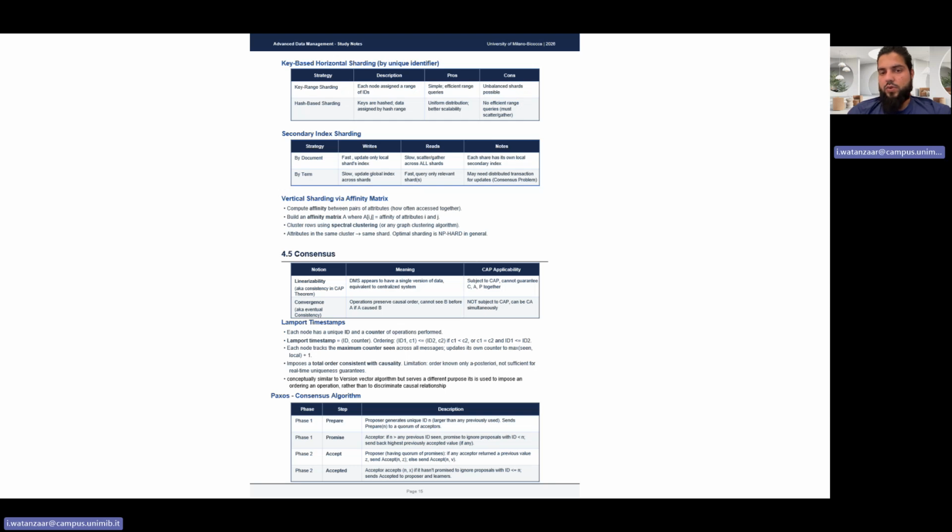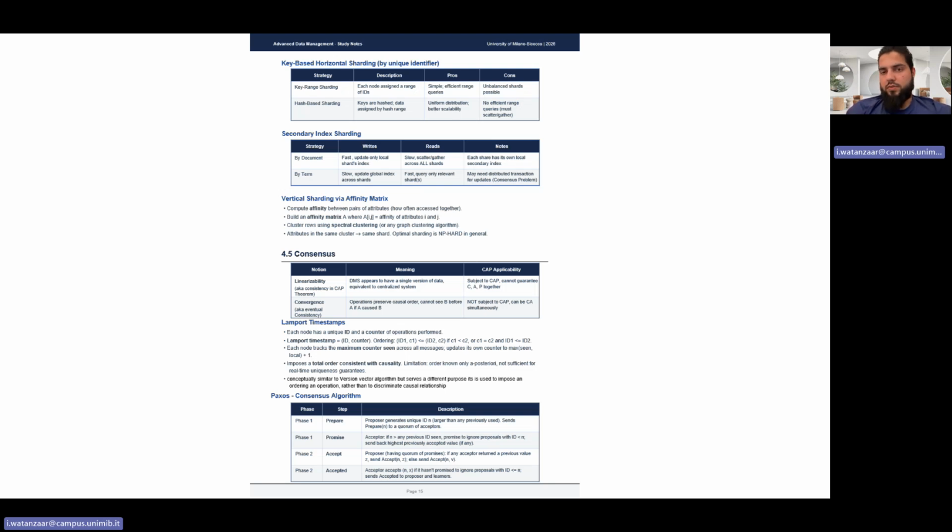Then we cluster rows using spectral clustering or any graph clustering algorithm. Attributes in the same cluster go to the same shard. As we discussed before, deciding the amount of data is difficult, so optimal sharding is NP-hard in general. So this is how the affinity matrix works.